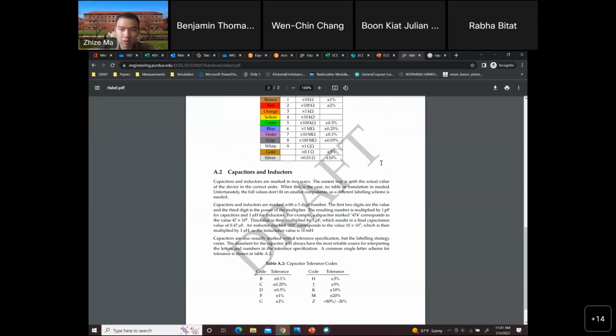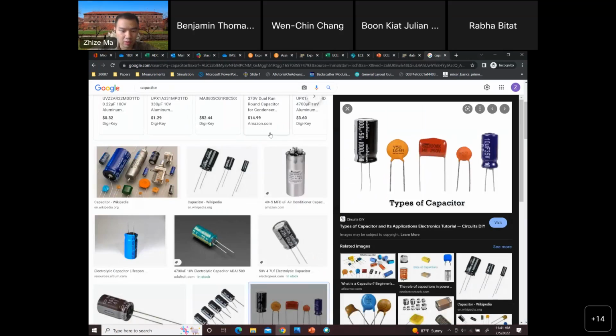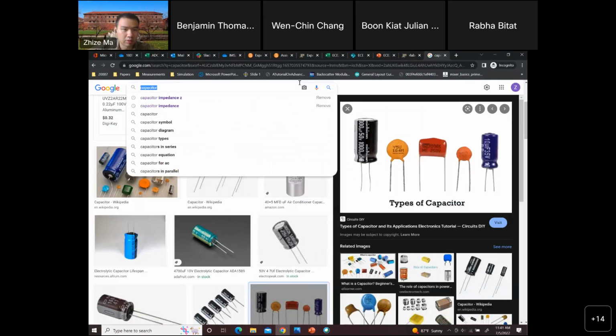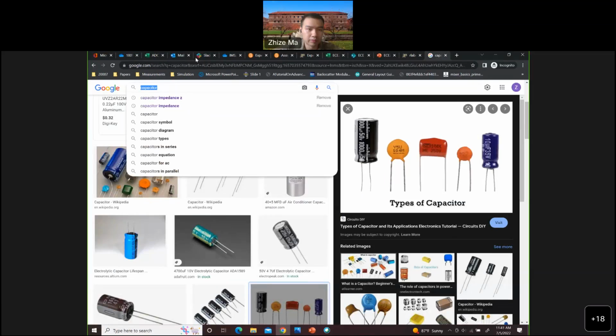And then for the inductor, one second. In your lab kit, there should be only one inductor, which is 1 millihenry. I can show you what it looks like.